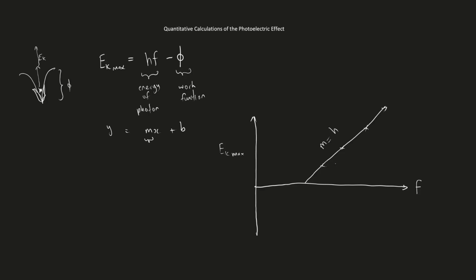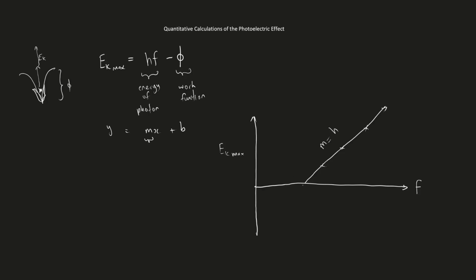You can make an empirical measurement of Planck's constant just by performing the photoelectric effect and measuring the maximum kinetic energy for different values of frequency. If you find your gradient after graphing this, that gradient will be Planck's constant. We can also see that in the place of b, our y-intercept, we have minus the work function in this case.